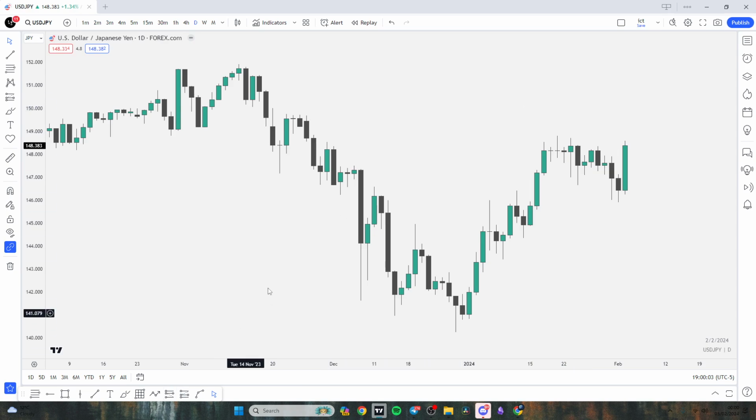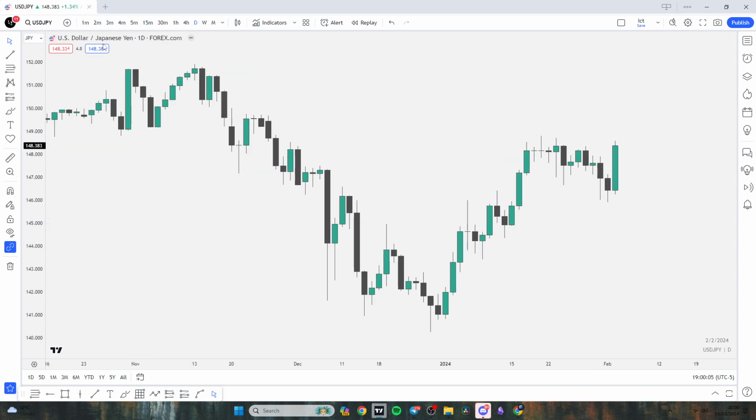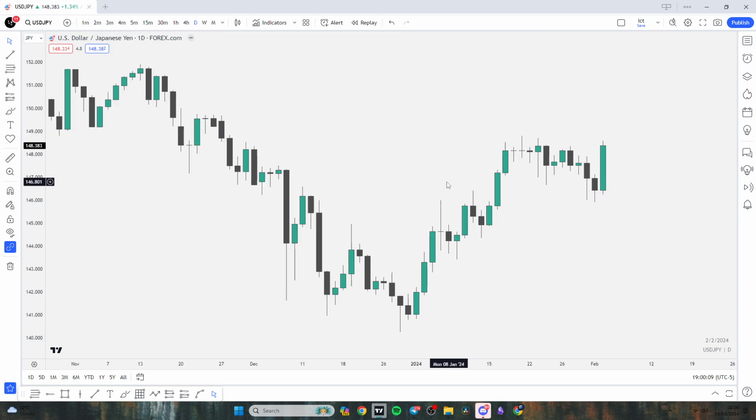So if you take a look at the chart here, we are on the dollar yen daily chart, and keeping in mind what I just said, remember, we can rebalance imbalances or attack liquidity. Now, imbalances in the market are fair value gaps, but we can also call them internal liquidity, if you will.